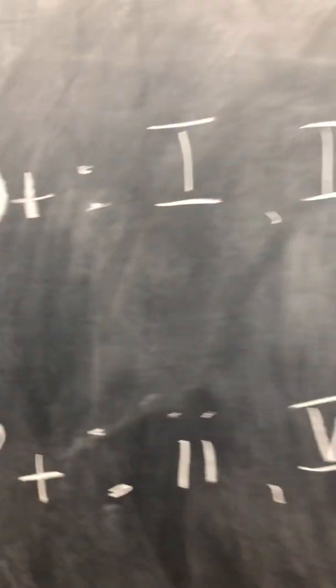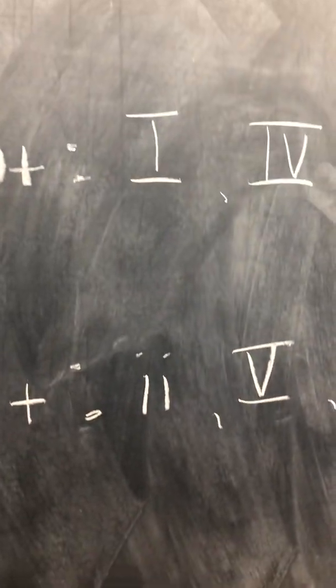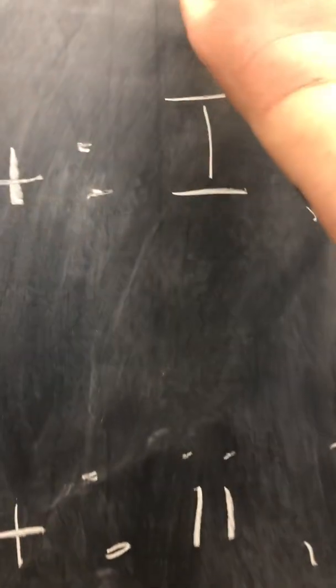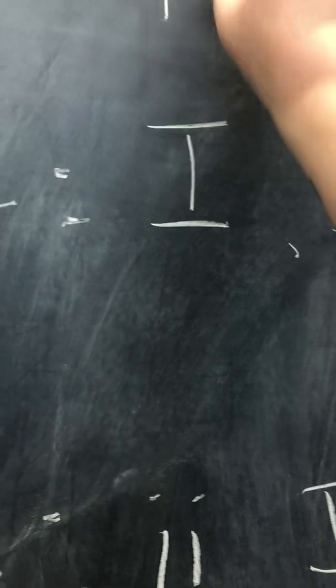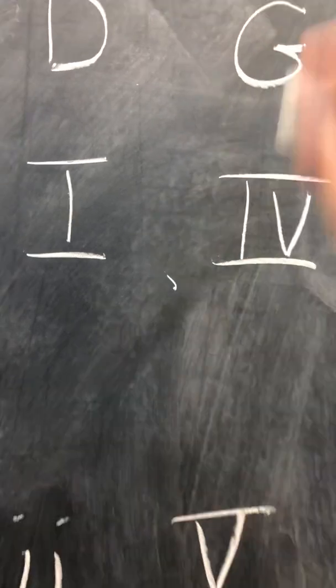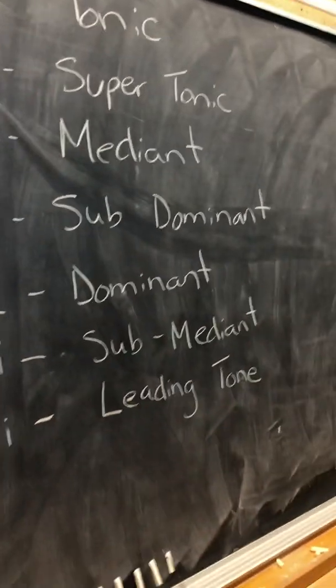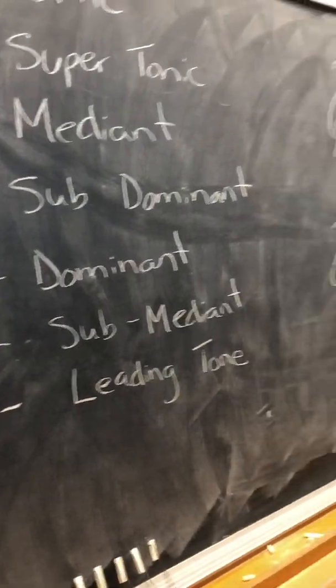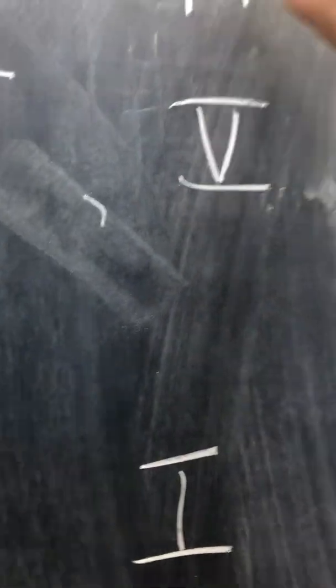So the answer is simple. If we're in the key of D, we would use these chords. D is our tonic, the first note of the scale. G is our subdominant, remember that. And A is our dominant.